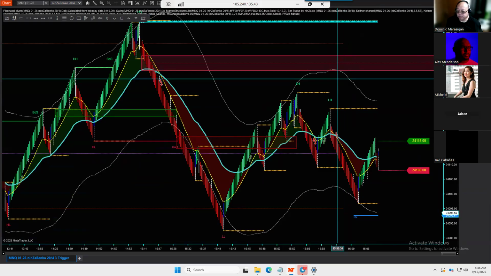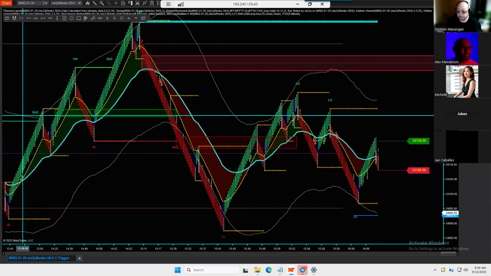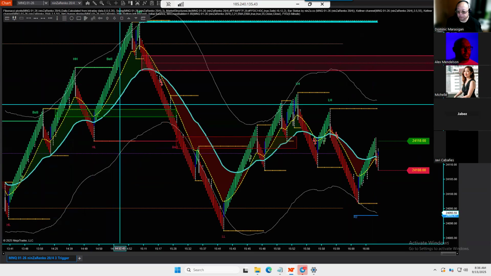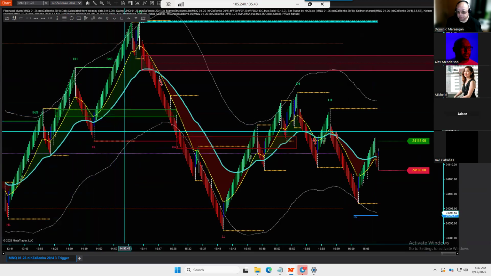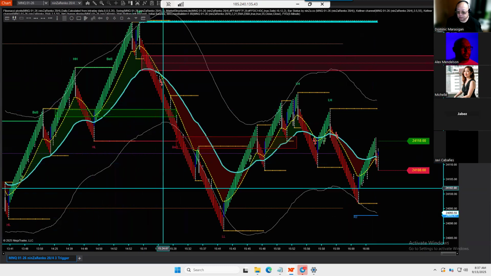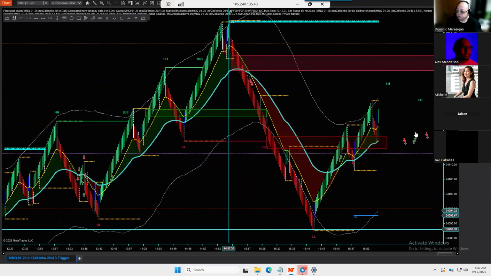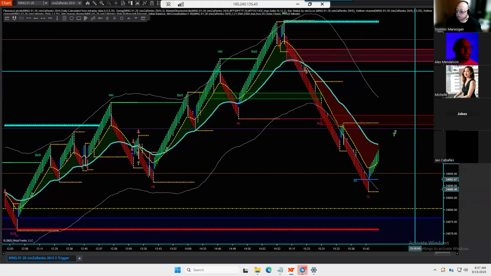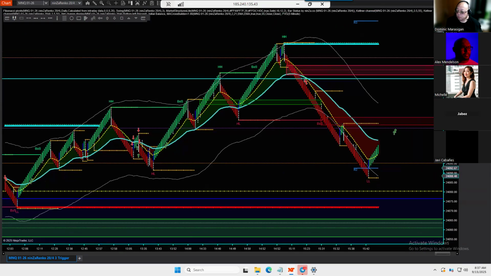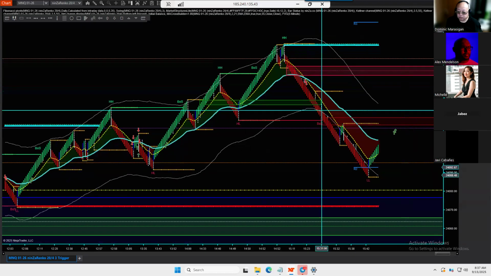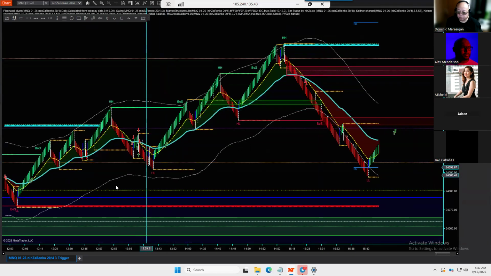When it gets broken, then it's no longer there. For example, here's an up one right here. It did come down, it kind of broke it, but let me see here. Where's a good one? Right there. You see the one down here, you have what you call support, a bullish fair value gap.